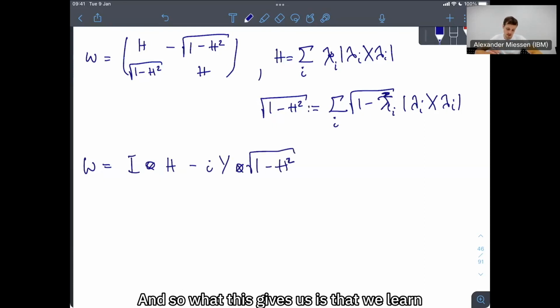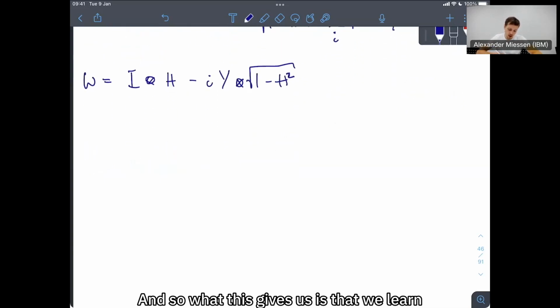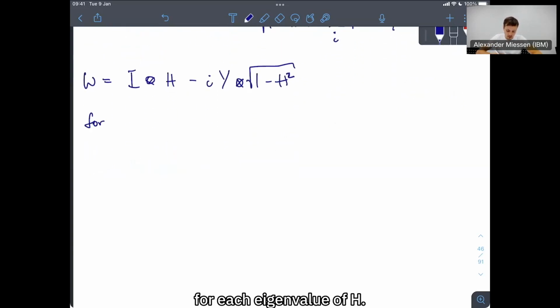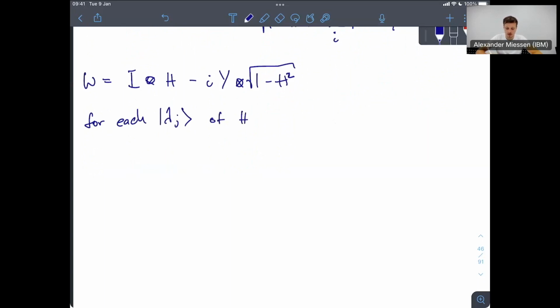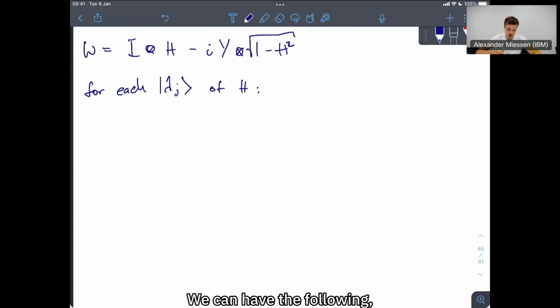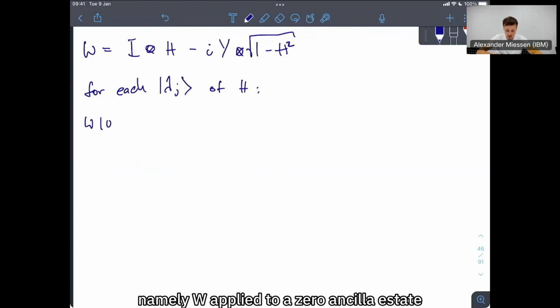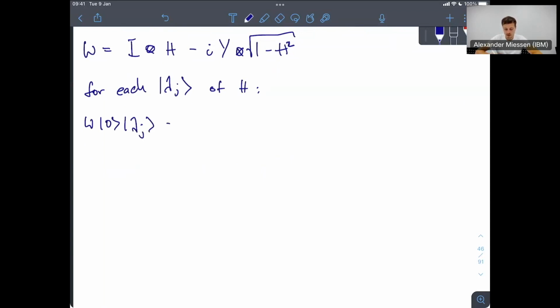And so what this gives us is that for each eigenvalue of H, we have the following, namely W applied to a zero ancilla state tensored with this eigenvalue yields the following.